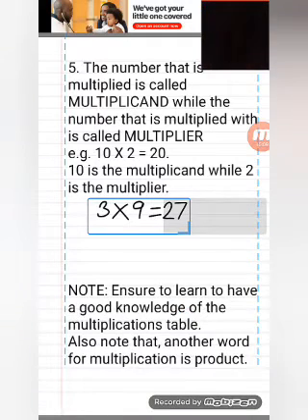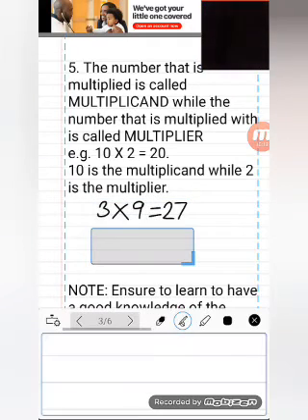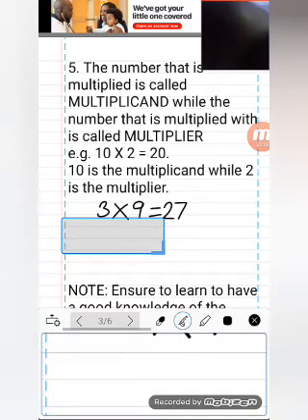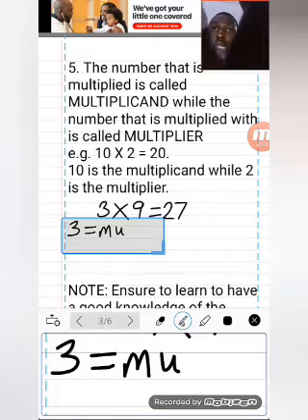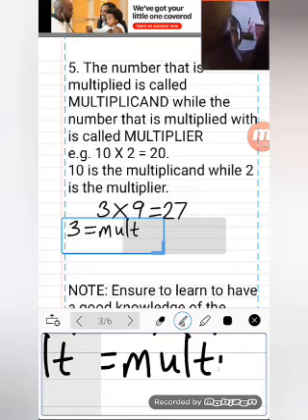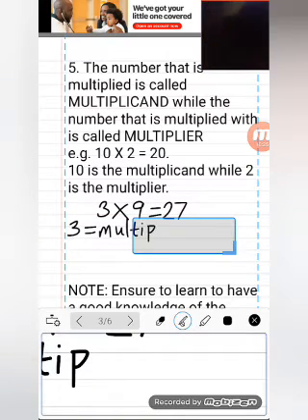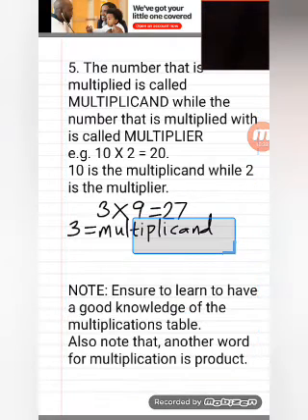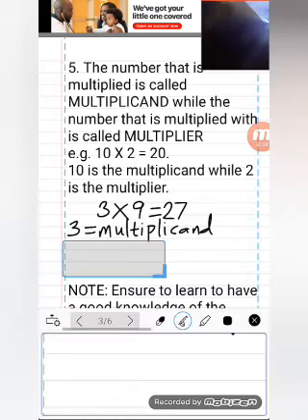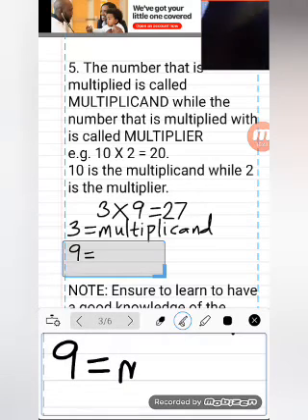So in this 3 times 9, we can say the 3 is the multiplicand, while the 9 is the multiplier.